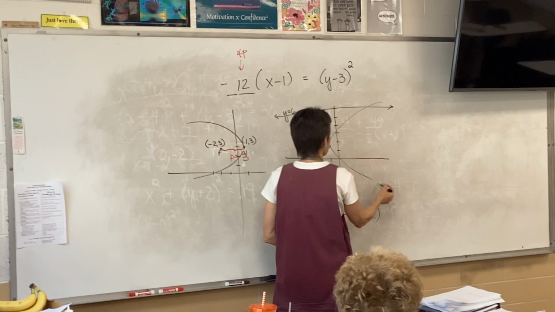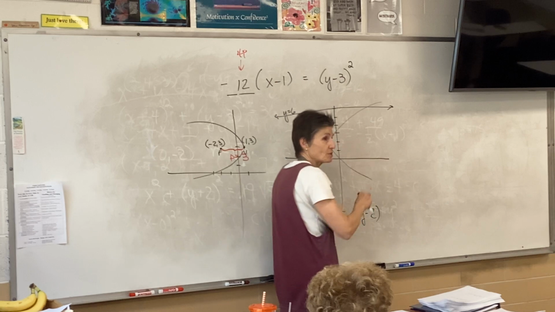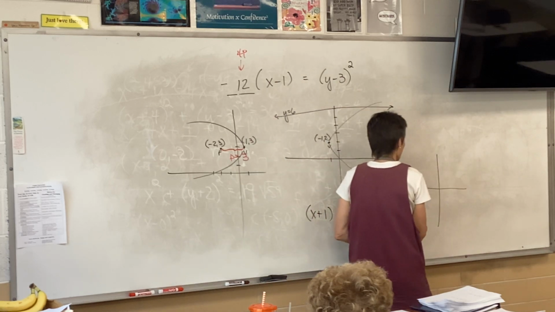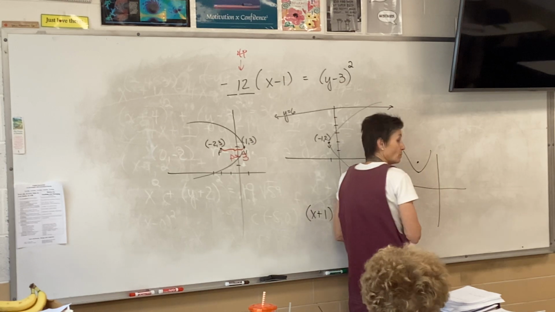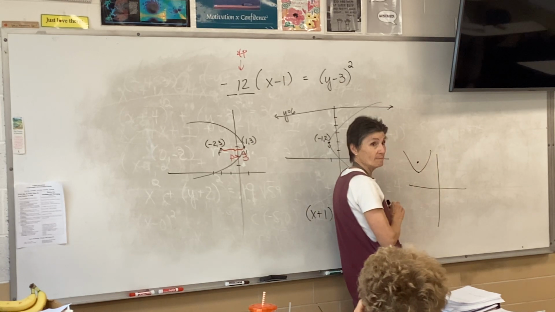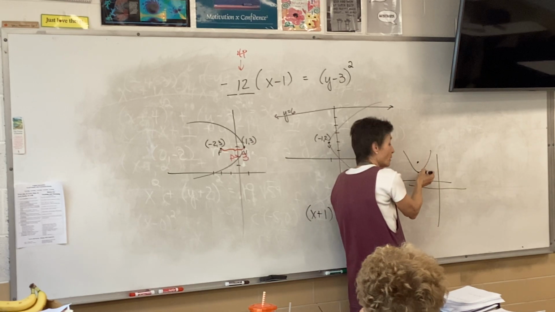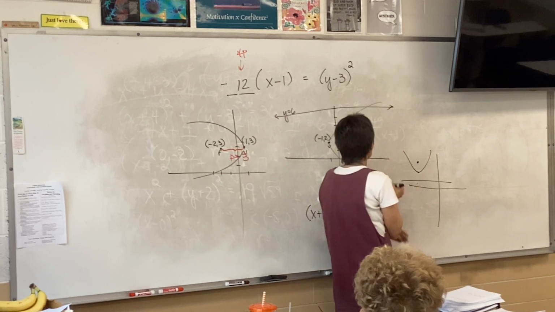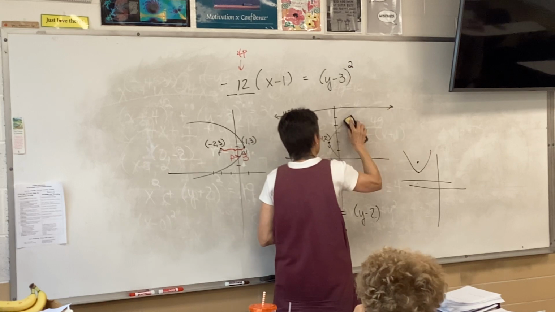Do you see what happens here if I draw it to the right? It never touches its directrix. Remember, from yesterday, if we had a parabola that opened up like this, there was the focus inside the parabola, and the directrix was the other direction, so if we went up 2, we went down 2. Remember that? So it's not going to ever intersect, so it does not open to the right.